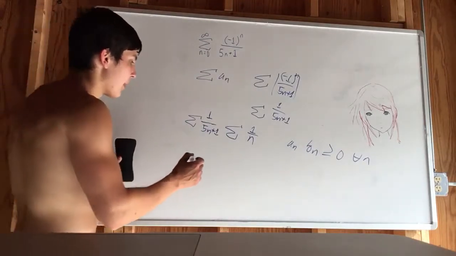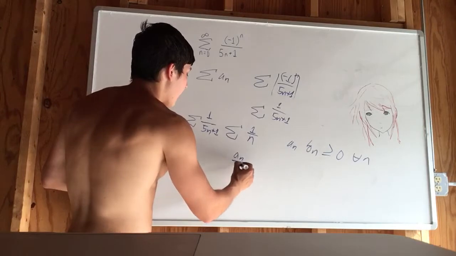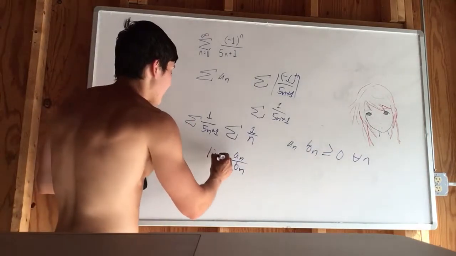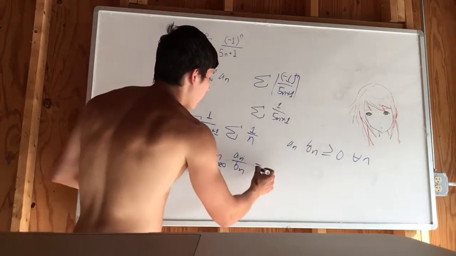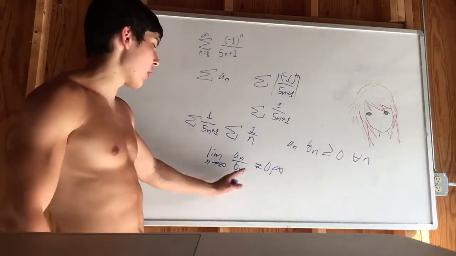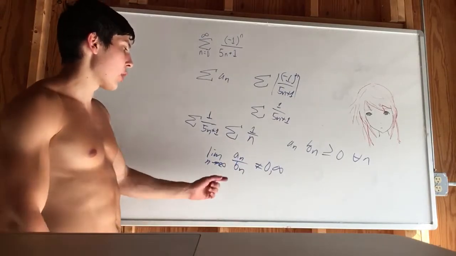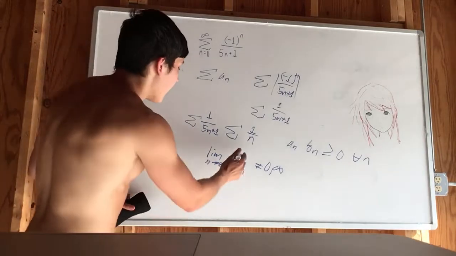So now we use the limit comparison test. We have a sub n over b sub n, and we take the limit as n approaches infinity. If this does not equal 0 or infinity, then whatever happens to b sub n also happens to a sub n. We know what happens to 1 over n, but let's go ahead and do this.